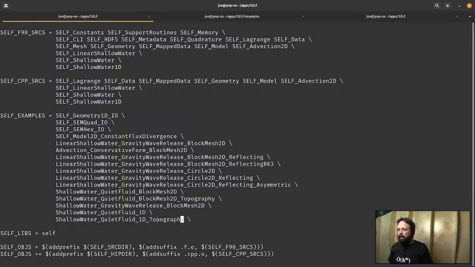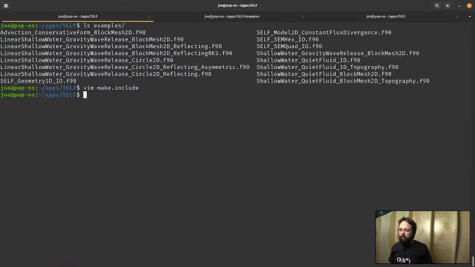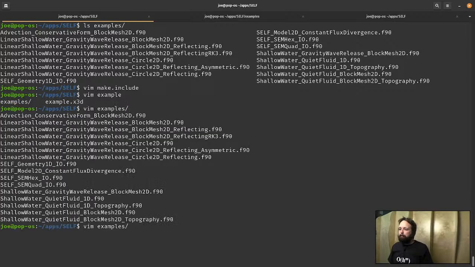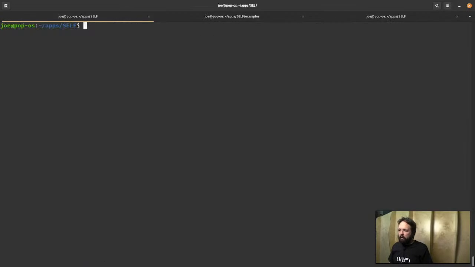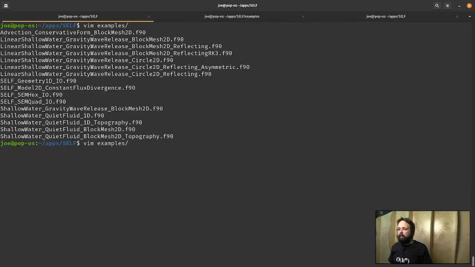Right now I know that the block mesh 2D topography is going to throw an error because of the non-zero velocity. For a moment, I'm going to leave that error in there. Actually, I'll just have it throw a warning and not completely halt progress, because I think we're aware of the issue and we're actively working on it.